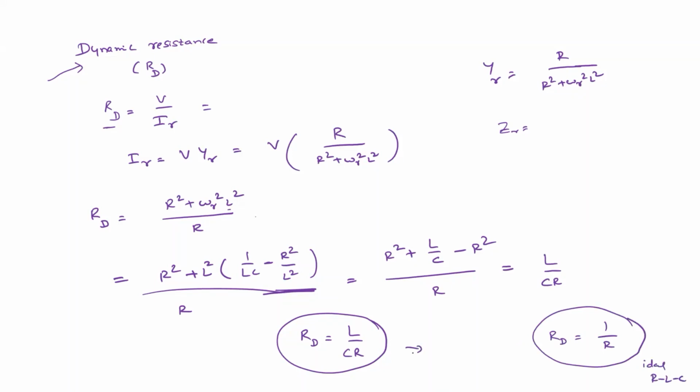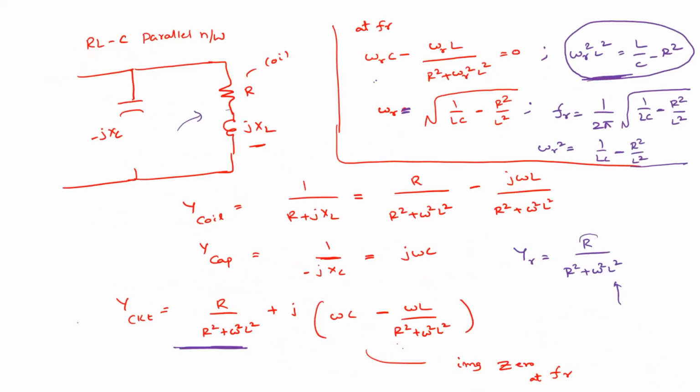This is for the ideal RLC circuit. RL are both in series, and for that combination the capacitor is in parallel. If the circuit changes, for example if you incorporate a resistor here, the dynamic resistance will change.